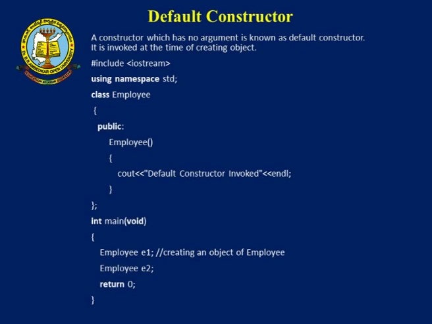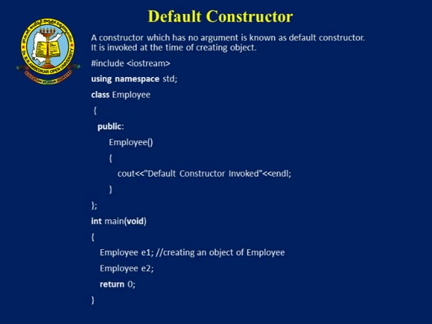What is the purpose of the endl? After printing default constructor invoked, the cursor will display on the next line. This is equal to \n in the C language.